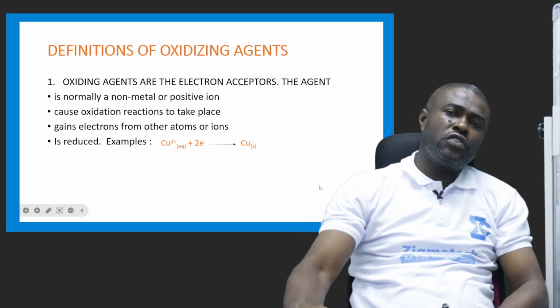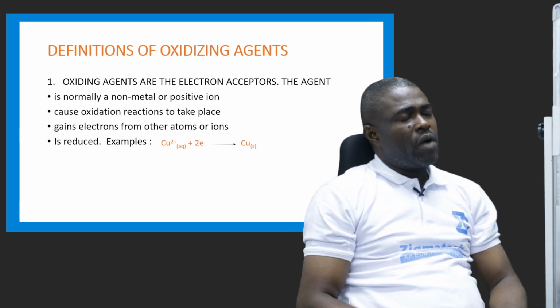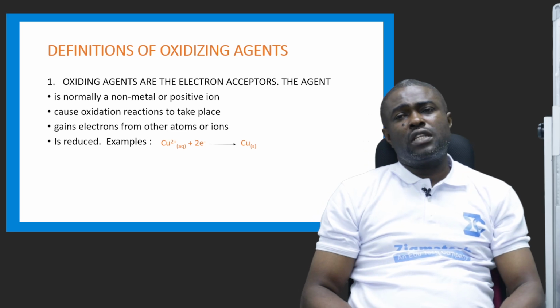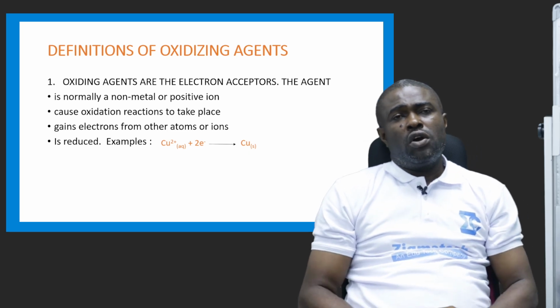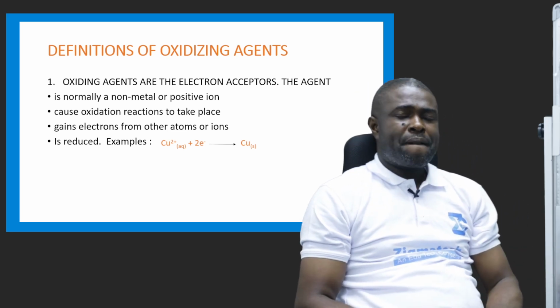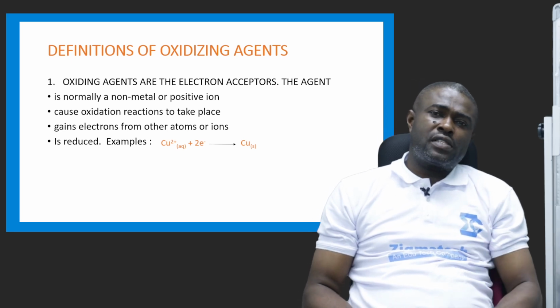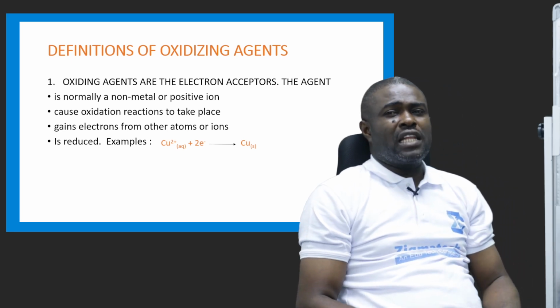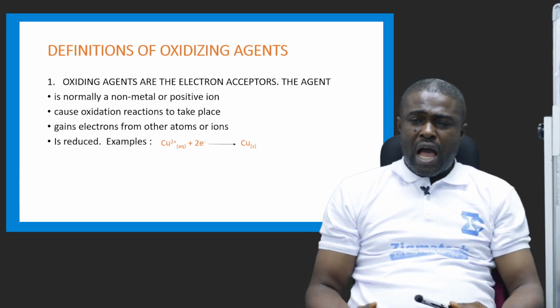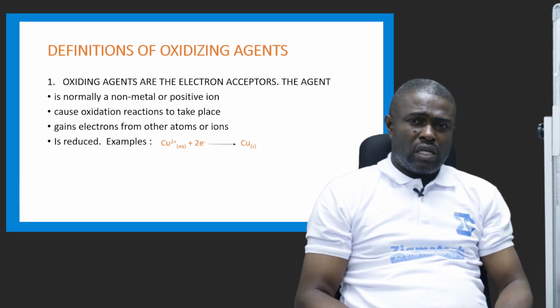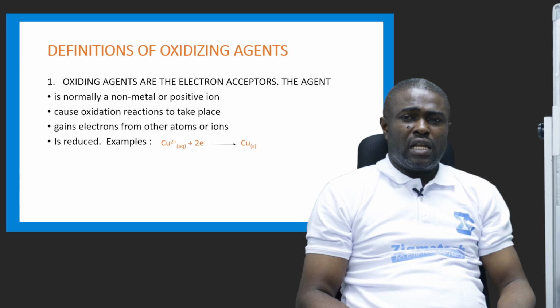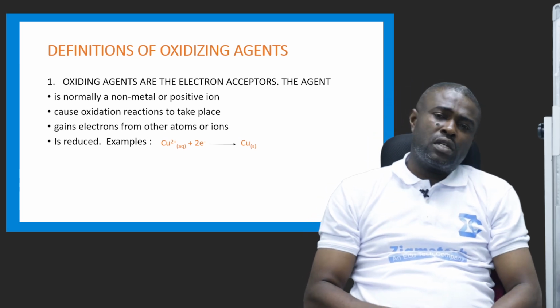Look at the definitions we have. I'll be giving you about 2 to 3 definitions that will help us understand what oxidizing agents are. The first one says oxidizing agents are the electron acceptors.